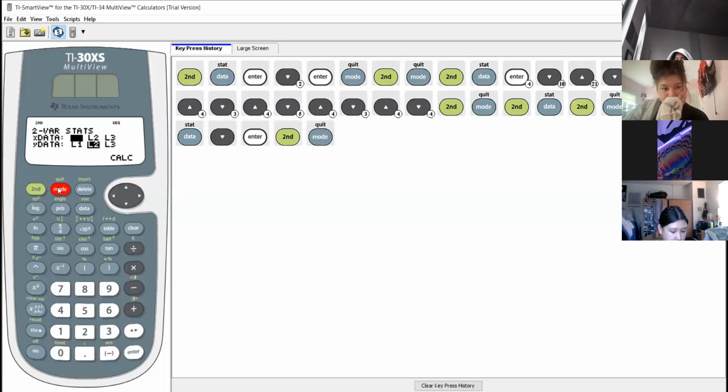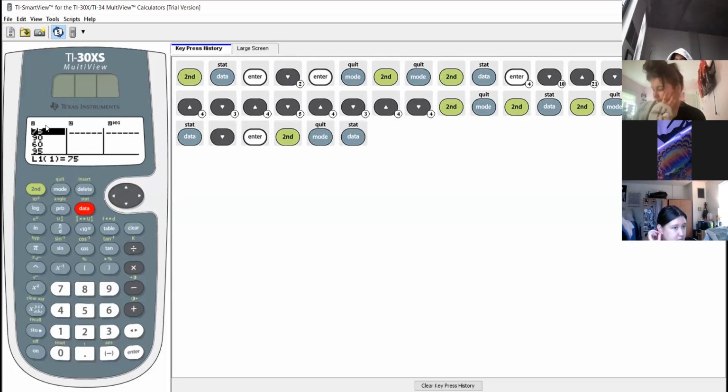I'm just going to take a couple minutes here to go through this with you. If you wanted to find this line of best fit and the correlation, how would you do it? You're given the data set for both the x and the y. The first thing you would do is go into data and enter the x's in L1.